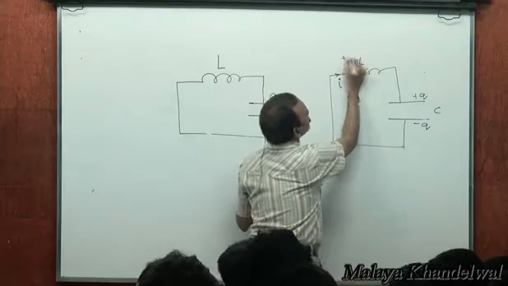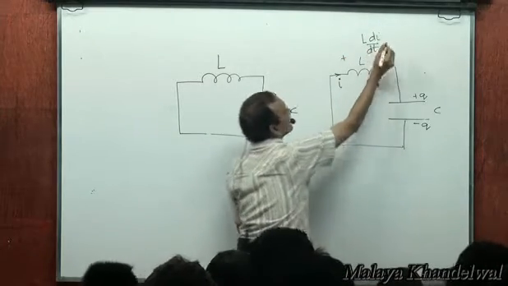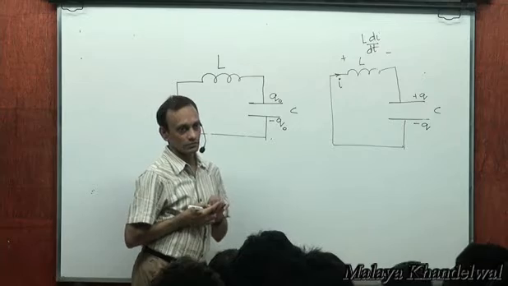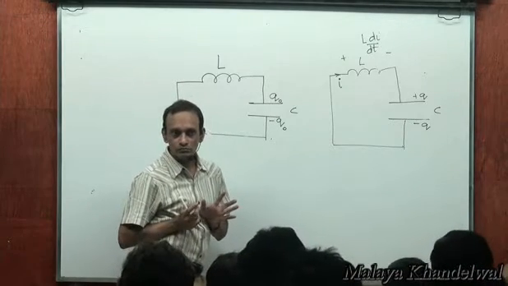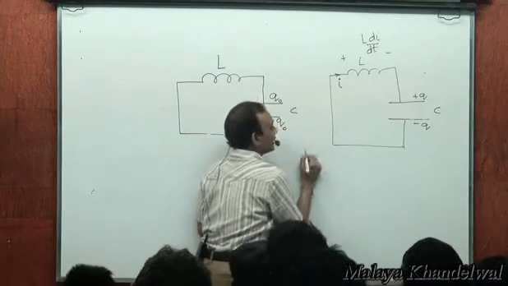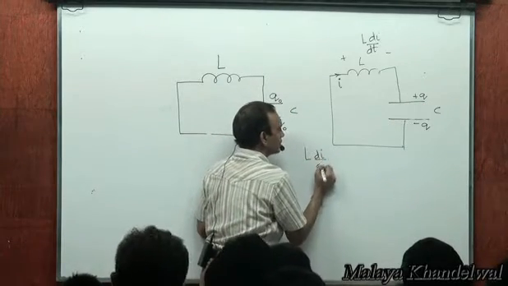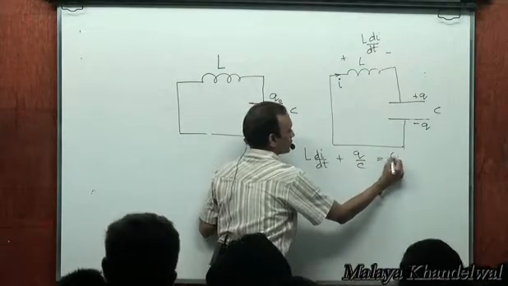And there would then be a L dI/dt, a drop across the inductor element. I can apply KVL to the loop, right? So when I apply KVL to the loop, I have L dI/dt plus Q by C equal to 0.